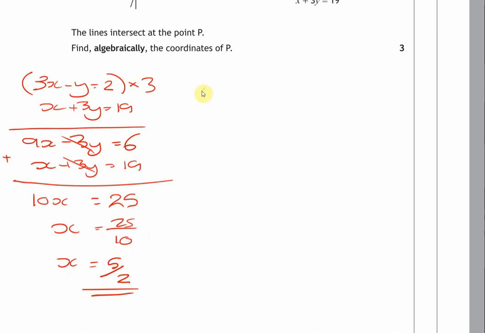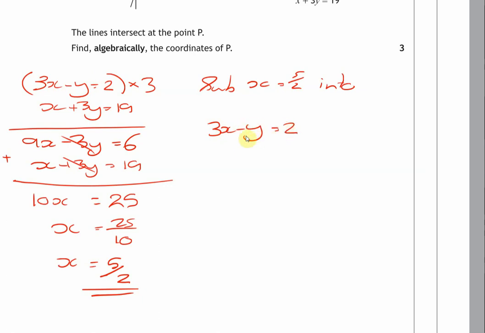Then what we can do is sub the value of x equals 5 over 2 into any of these equations that we want. Now for us, the easiest thing to do here, because this is us trying to find the value of y, the best equation I would say to use is this one here. So we'll say that we have 3x minus y equals 2.